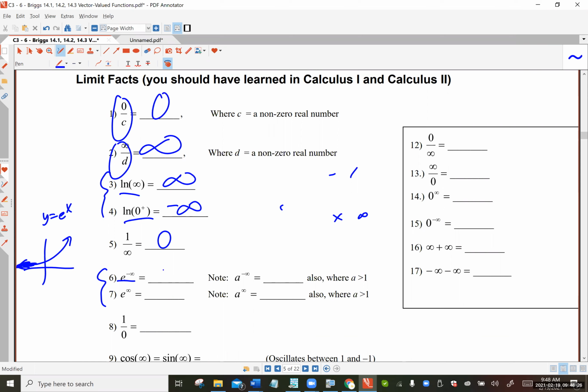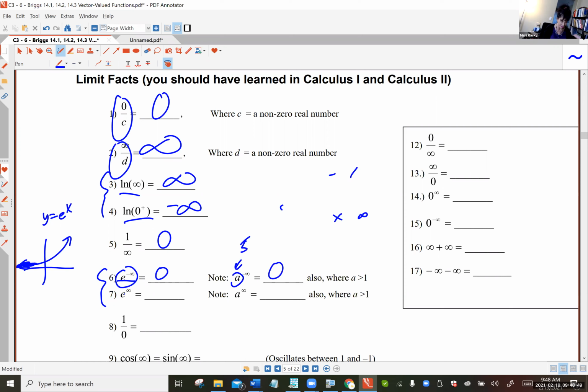Is it 0 or negative infinity? It's 0. E to the negative infinity is 0. If you didn't learn this in Calc 2, I'm here to tell you. You better know it cold. And what if your base is something other than e, like 5? 5 to the negative infinity is also 0.